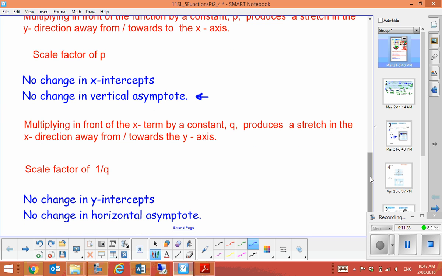In the horizontal stretch, there's going to be no change in your y-intercepts, because you're stretching out horizontally from the y-axis, so they will stay the same. If you've got a horizontal asymptote, that will also stay the same in a horizontal stretch. So that was one point I just forgot to mention earlier.